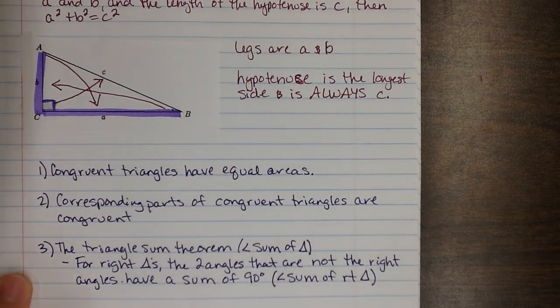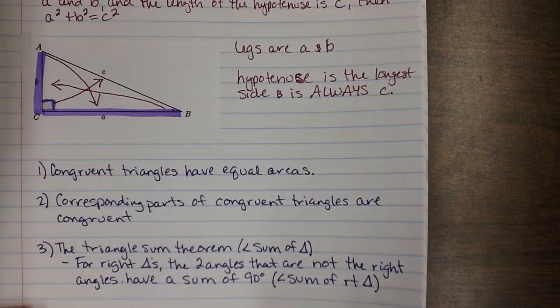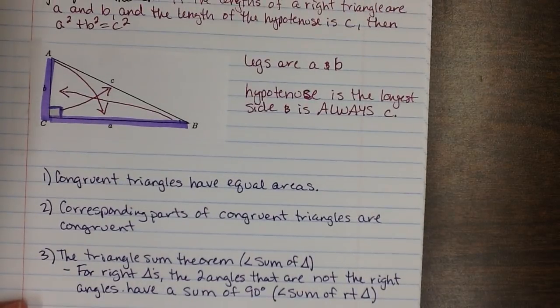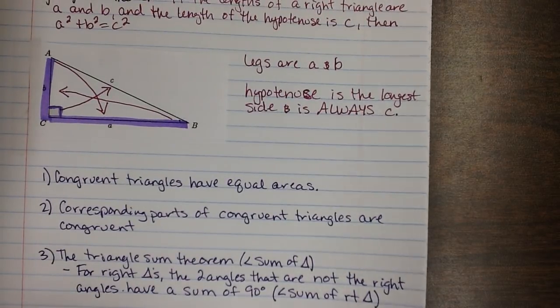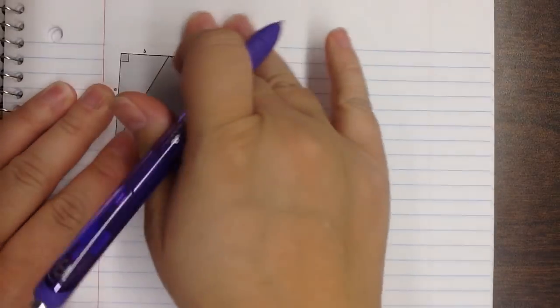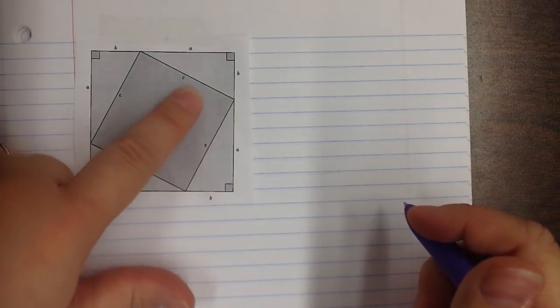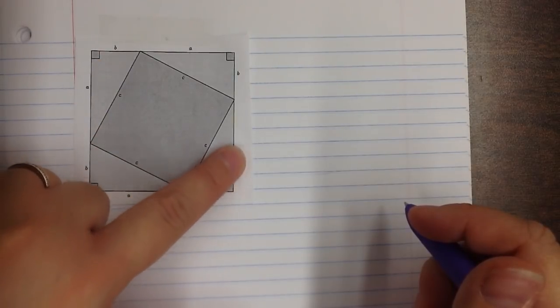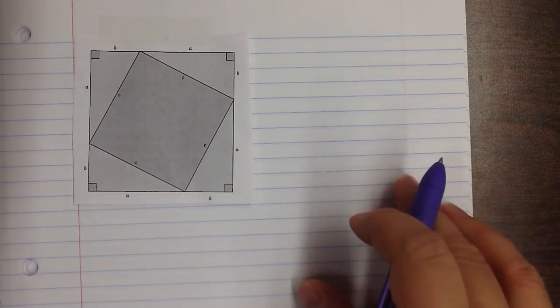Okay? And so what we're going to look at next is called a square within a square, and I'm going to go ahead and turn the page so I have plenty of room to write. So this is a square, the darker square, within the larger square.